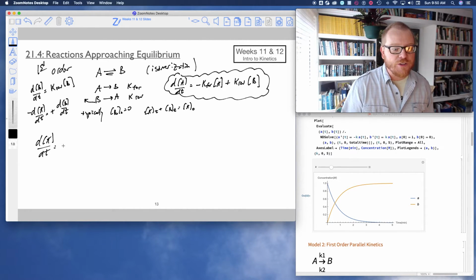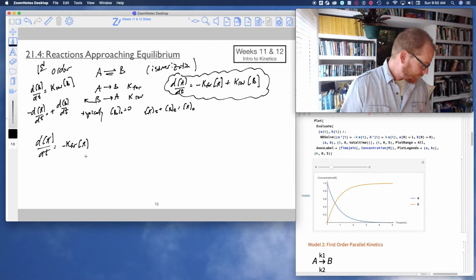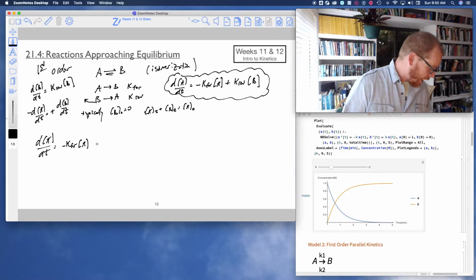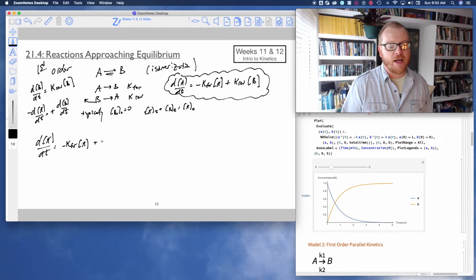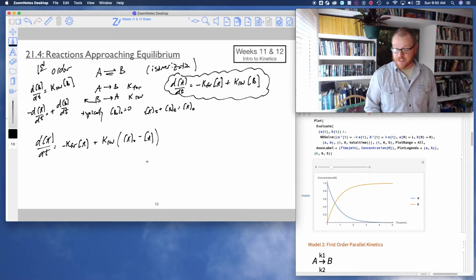So now what we want to do is rewrite this expression in terms of things that are a little bit easier to write, okay? So I can now write, this is plus K reverse, and B at any time, so I'll rearrange this, is just going to be A0 minus A. I'm dropping the subscript t in this because I haven't technically integrated the expression yet, right?